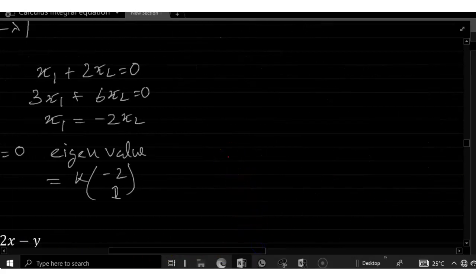Next, lambda 2 equals 7. We get 12x2 is equal to 6x1 by calculation. How do I calculate?